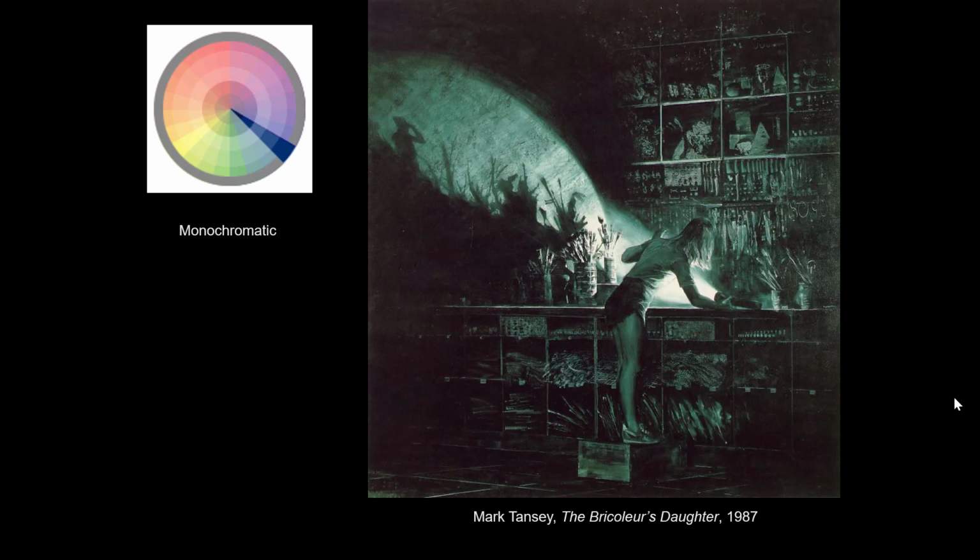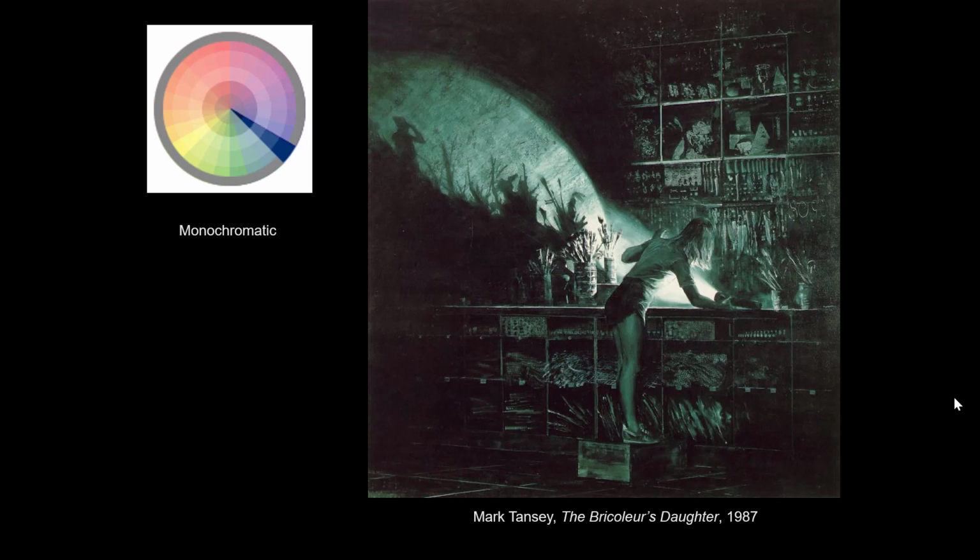What we can also see with a monochromatic image is that it might have associative meaning, and that's part of what Mark Tansey is picking up on. He's creating this painting in this sort of blue-greenish monochromatic color harmony because of the way in which it refers back to photography. It almost looks like an old-fashioned photo.